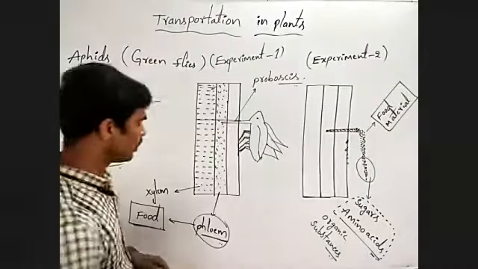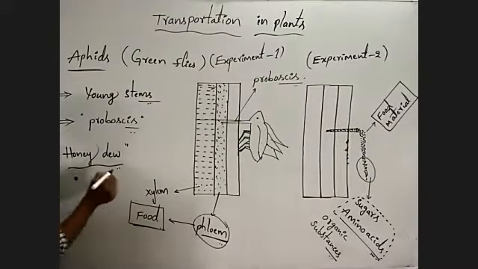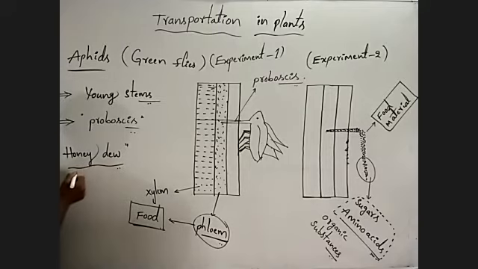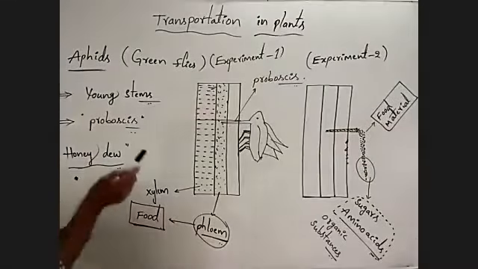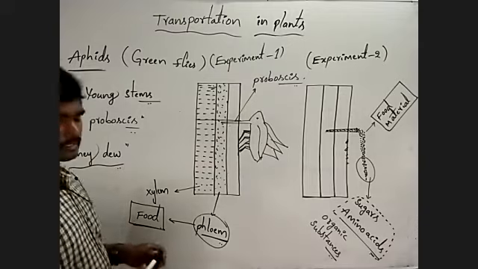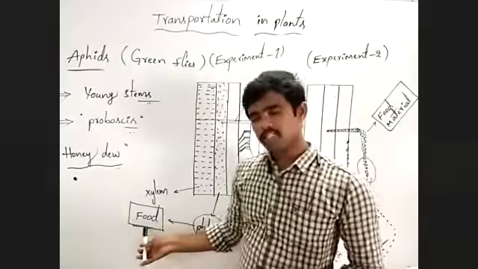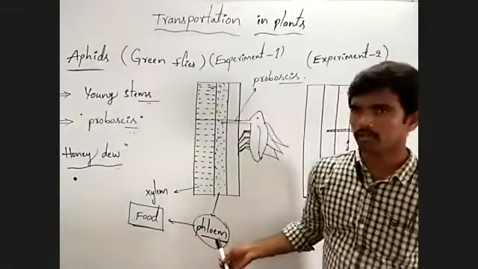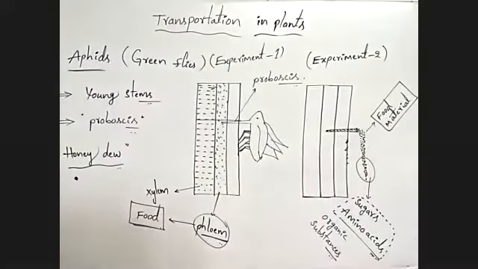These are usually called honeydew. This is a very important experiment conducted by the scientists to prove the transportation of food material through phloem.